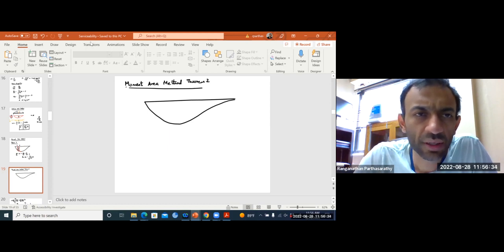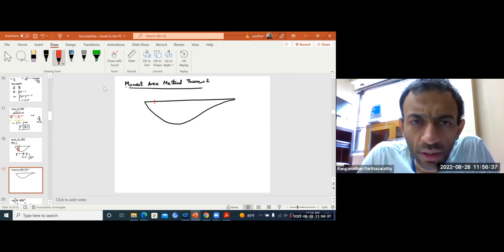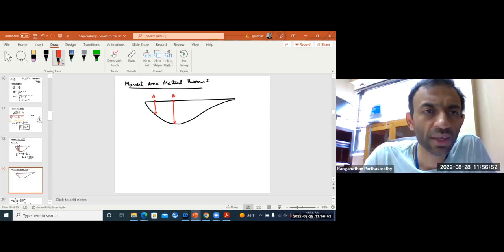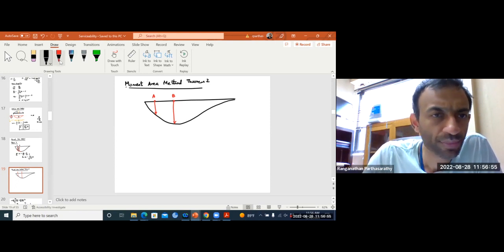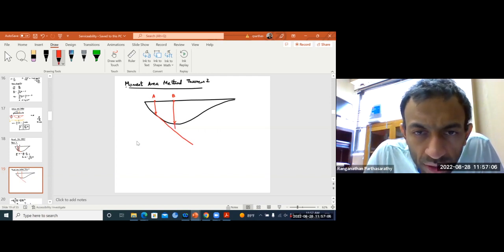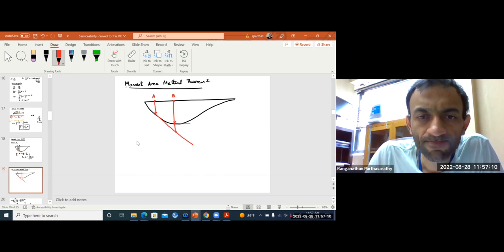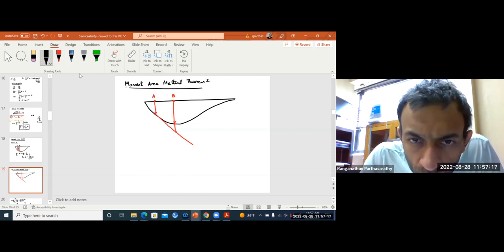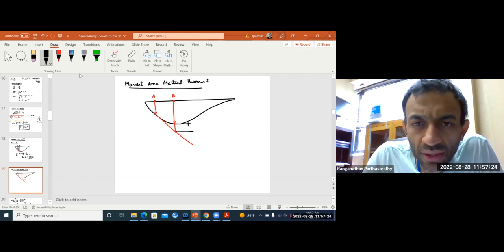Now, we take 2 points, this is point A, this is point B. Now, what this theorem is telling us is if I draw a tangent at A, how far is this tangent from B?